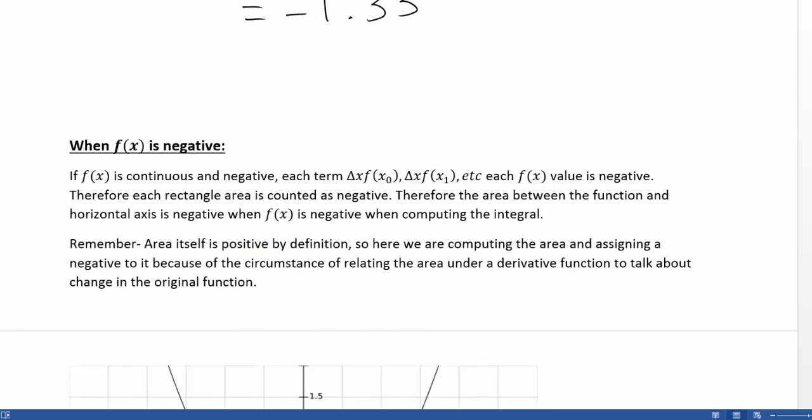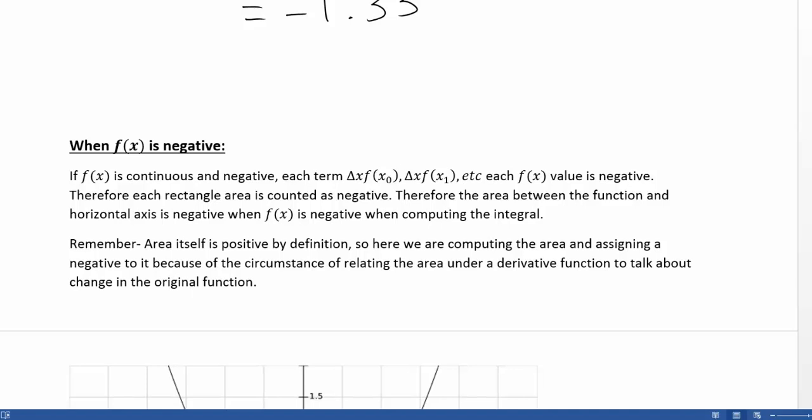When f of x is negative, so the rate at which you are looking at the area underneath is continuous and negative, and we are below the x-axis, then each term that we're computing, these little rectangles, uses an f of x value that is going to be negative.